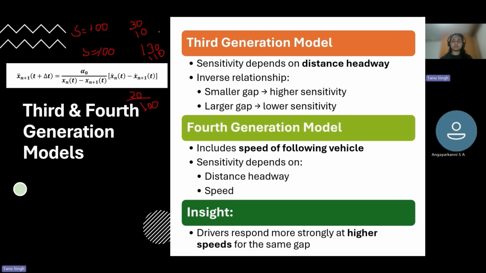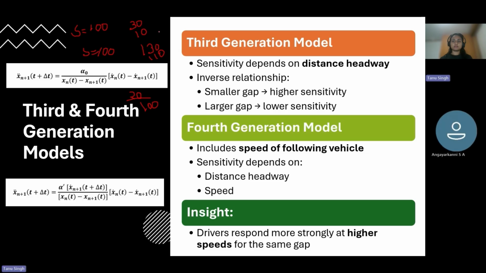So this was the limitation present in the third generational model. Case 2 is more sensitive, but the third generation model does not capture this sensitivity issue that the model still has. So we have the fourth generational model.